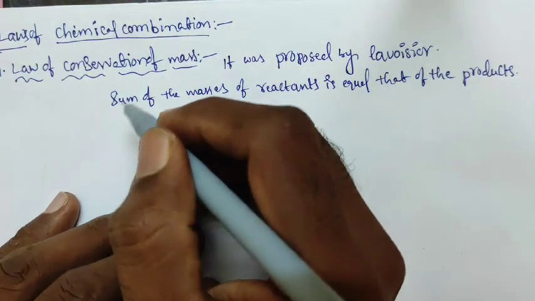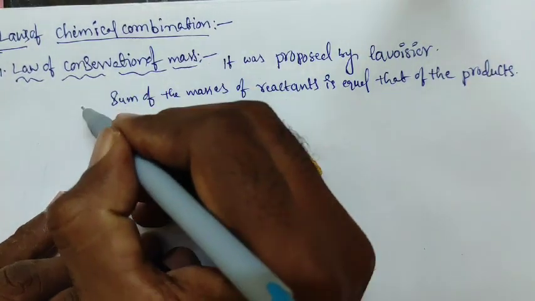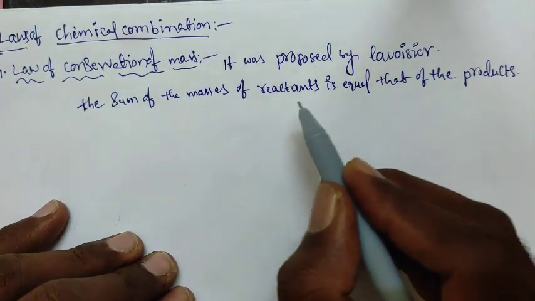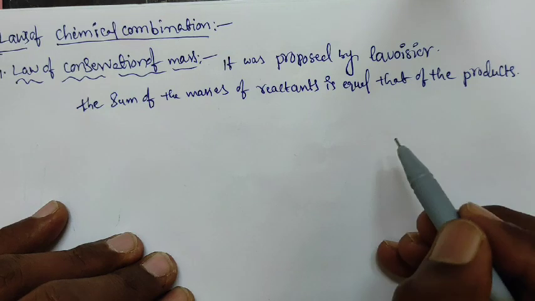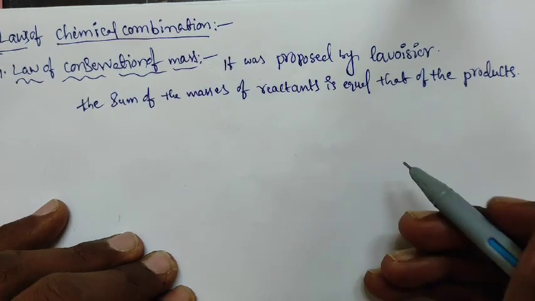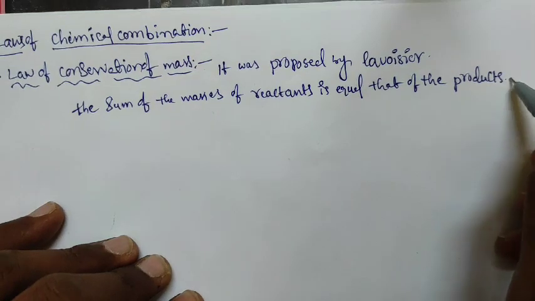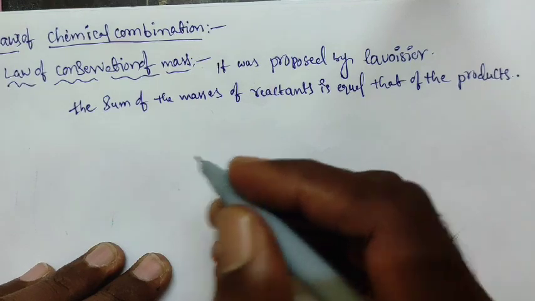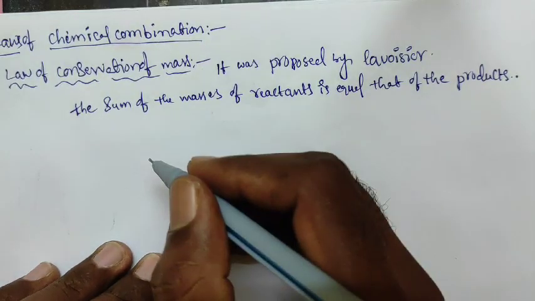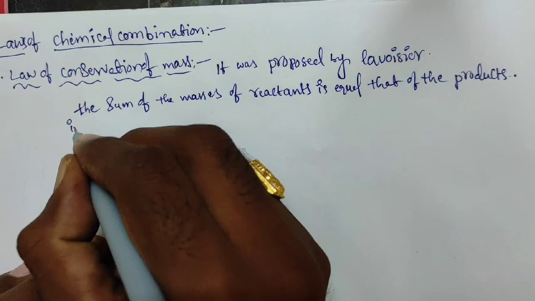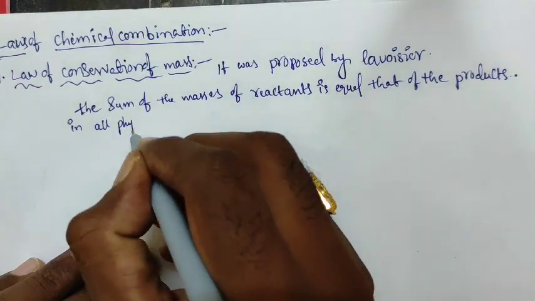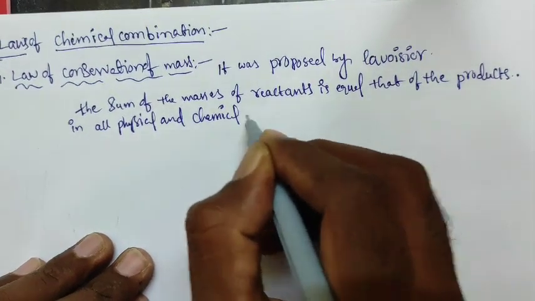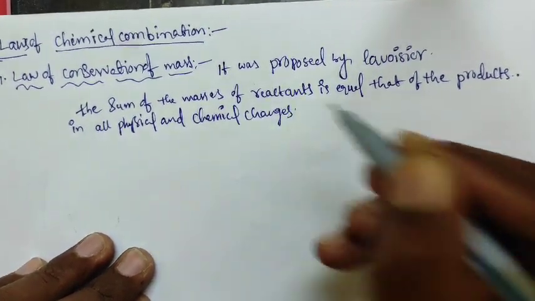So it states that the sum of the masses of reactants is equal to that of the products in all physical and chemical changes.